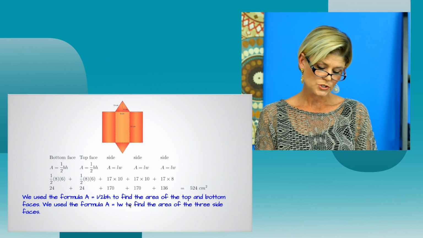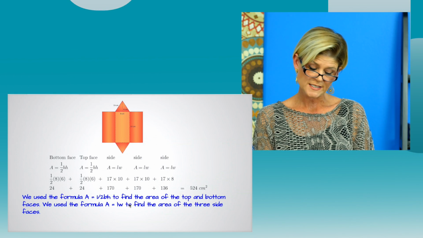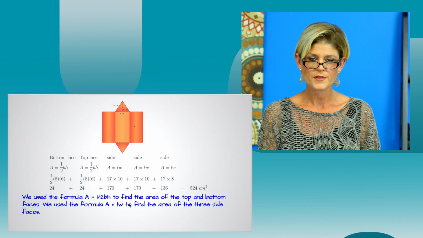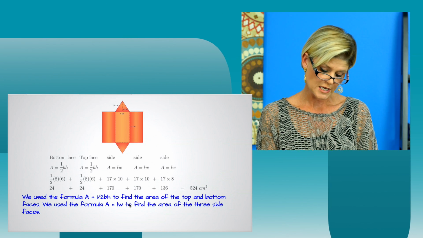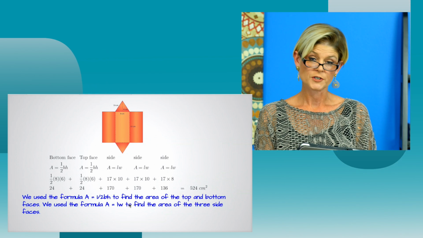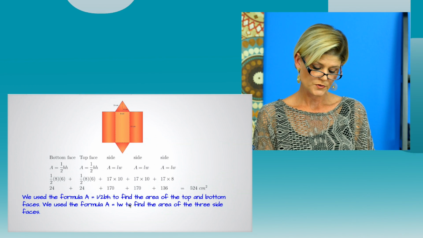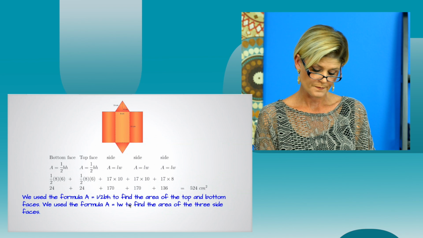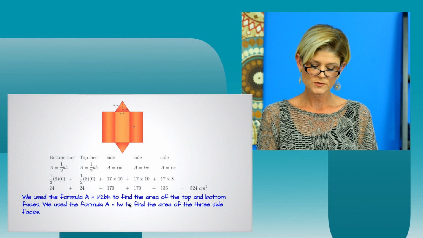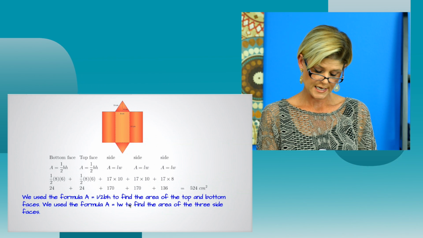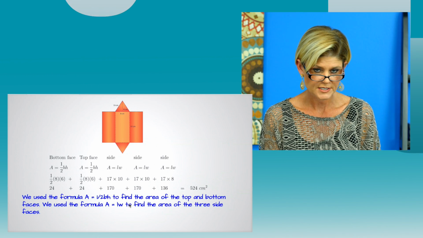All right, so let's do the bottom face and the top face first. Again, we said our formula for that is 1/2 base times height. And so it's 1/2 times 8 times 6. We're going to do that twice, once for the bottom and once for the top, and we get 24 each time. And then we're going to do the sides. Area equals length times width, or 17 times 10, which gives us 170, two times.